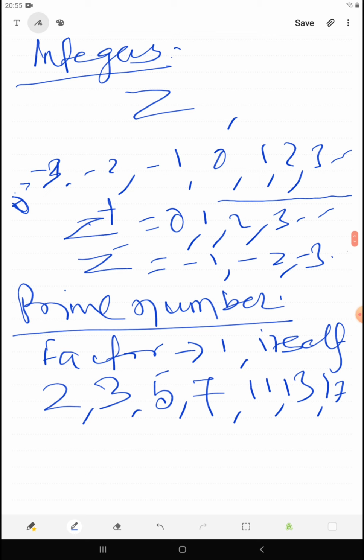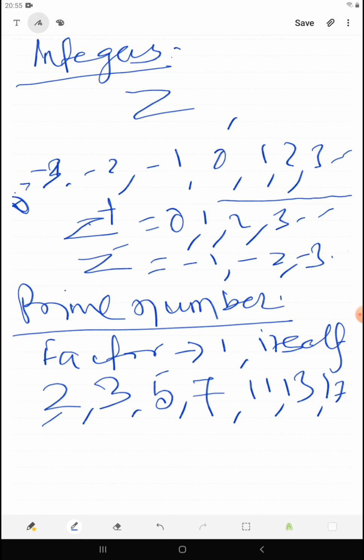This type of number is prime. Let's take the example of 2. 2 has the factors 1 and 2 itself. Similarly 3 has the factors 1 and 3. 5, 1 and 5. 7, 1 and 7. It doesn't have any other factor. So such numbers are called prime numbers, which have only the factors 1 and itself.